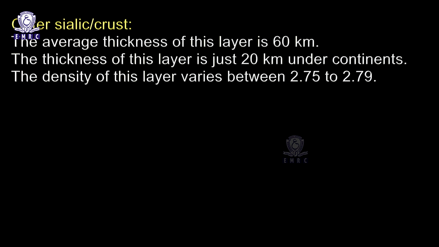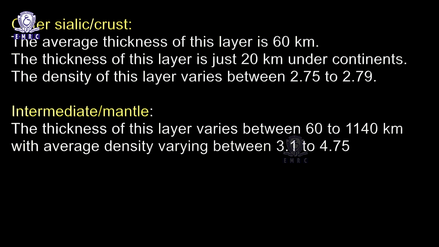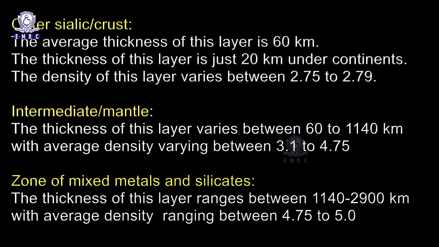The density of this layer varies between 2.75 to 2.79. Intermediate layer or mantle: the thickness of this layer varies between 60 to 1140 kilometers, with average density varying between 3.1 to 4.75. Zone of mixed metals and silicates.